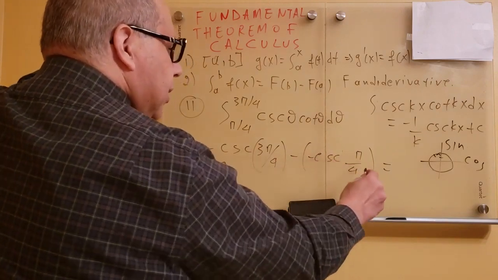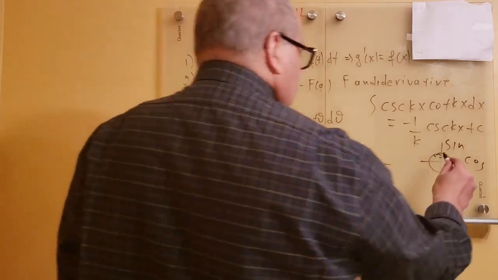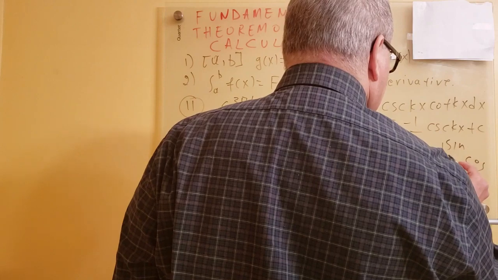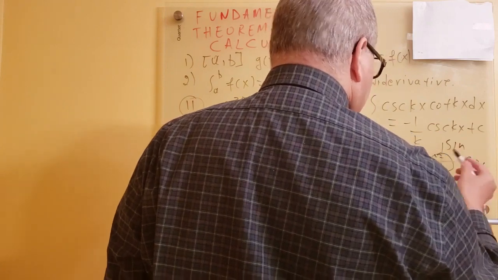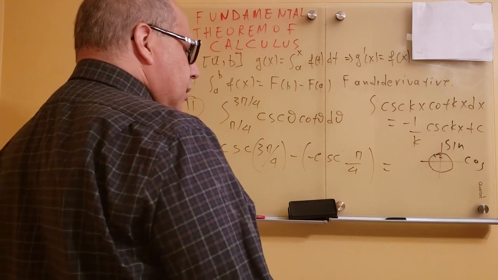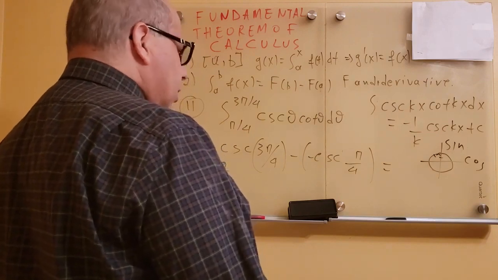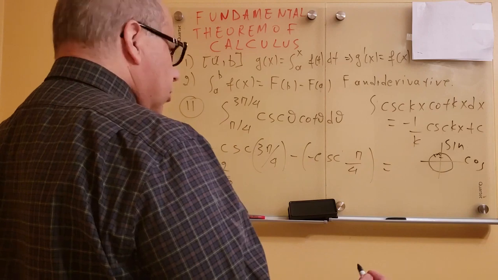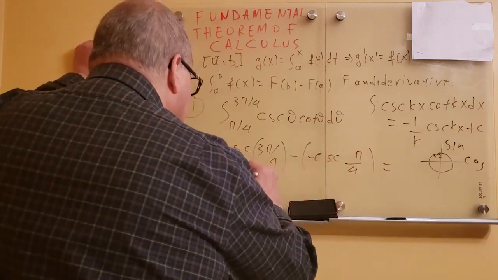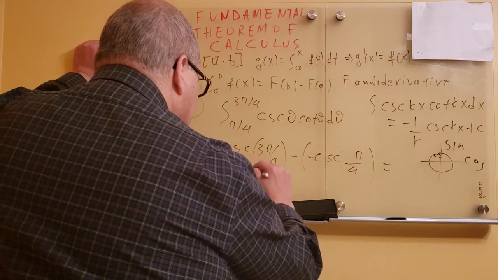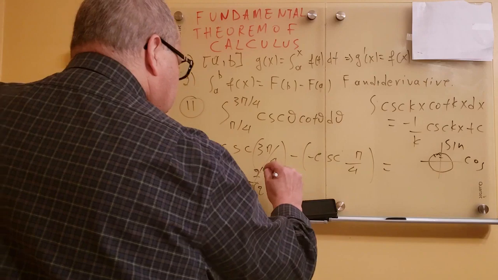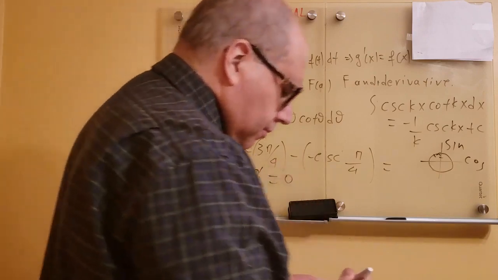Now the cosecant of pi over 4, it's again, this is pi over 4 is 45, so the sine of it is square root of 2 over 2, and because it's 1 over, so that's plus 2 over square root of 2. So this cancels with this, so this gives us 0.